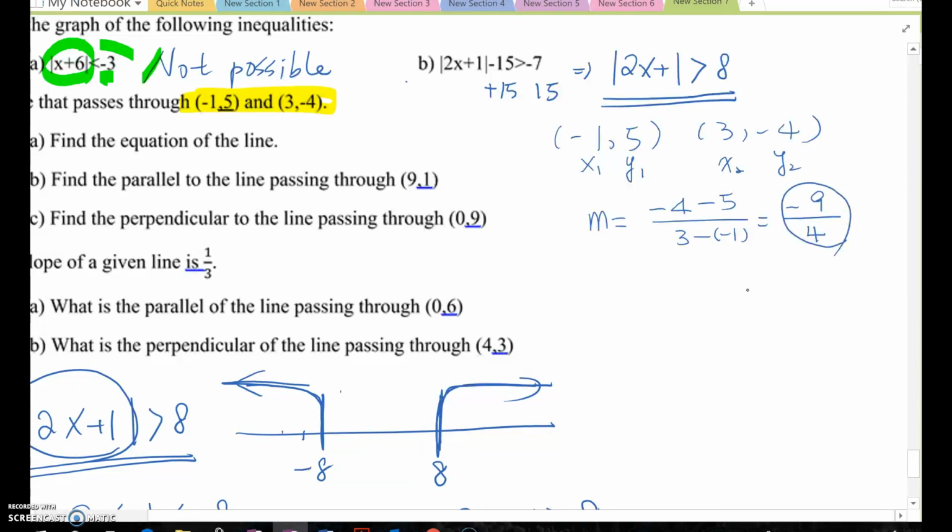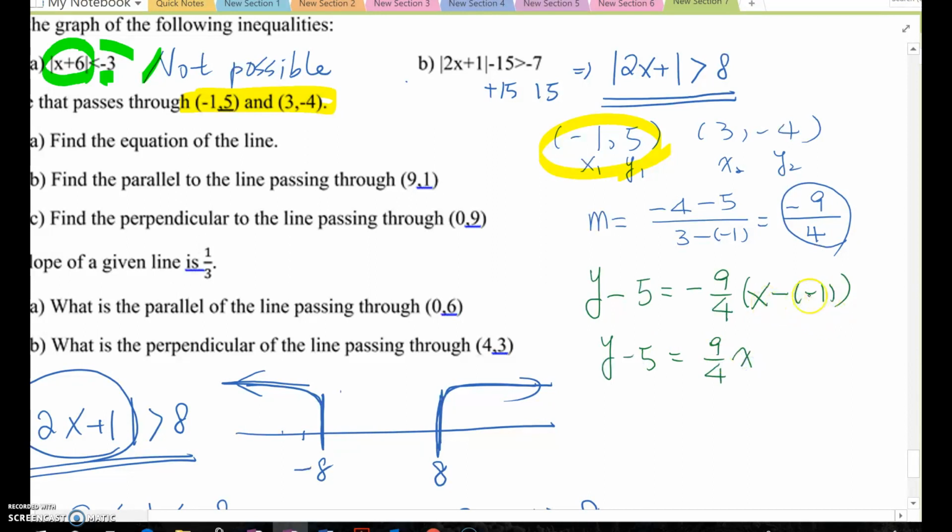Now we need to find the equation of the line, so I'm going to choose either point. Let's choose this one. Then we can do y minus y1, which is 5, equal to negative 9 over 4, and then x minus negative 1. So y minus 5 equals negative 9 over 4 x, and then plus 1 actually, so minus 9 over 4 again.